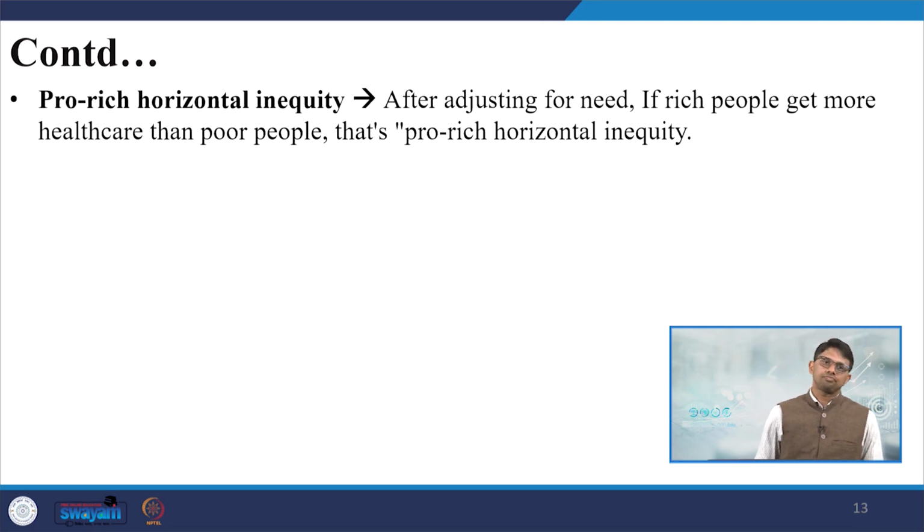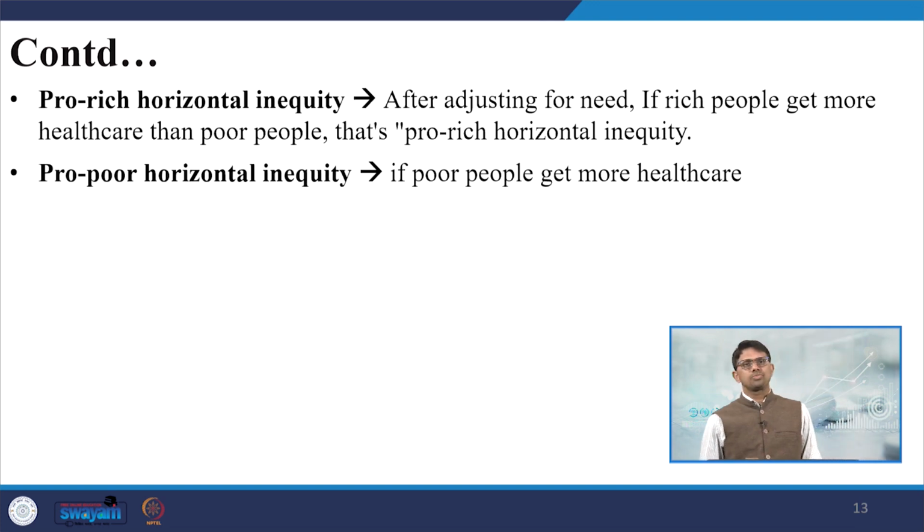There are two aspects of horizontal inequity again. One is inequity which is pro-poor and another is called pro-rich. So far as pro-rich is concerned, after adjusting for need, if rich people get more healthcare than poor people, that's called pro-rich horizontal inequity.